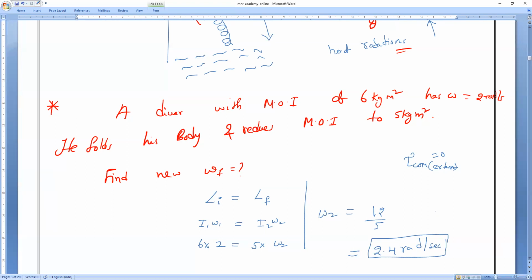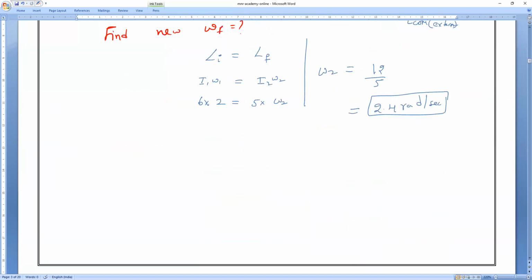Now you tell me, does the R value keep on decreasing or increasing? When you fold your hands, does the I value keep on decreasing or increasing? Suppose you are doing an exercise, and you kept your hands like this. Now you started folding, so your hands are coming closer, legs also coming closer.